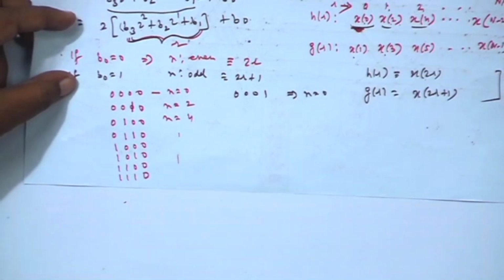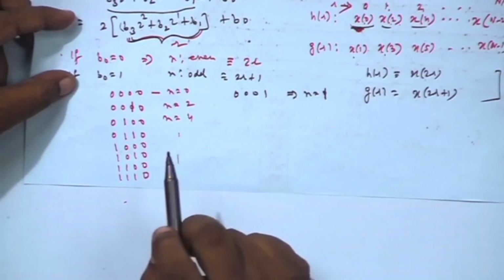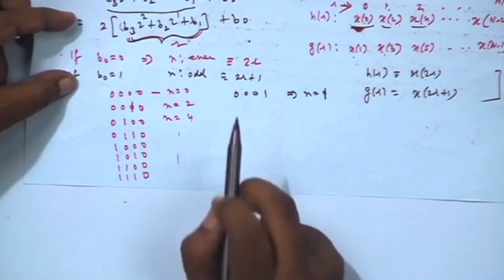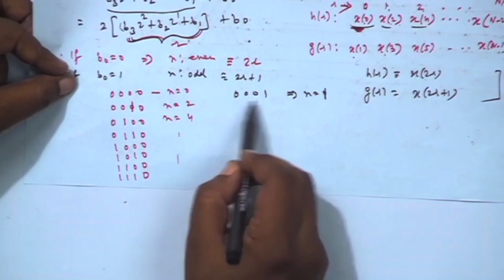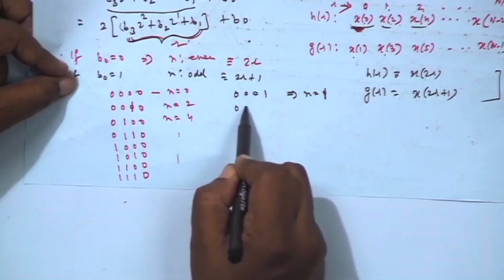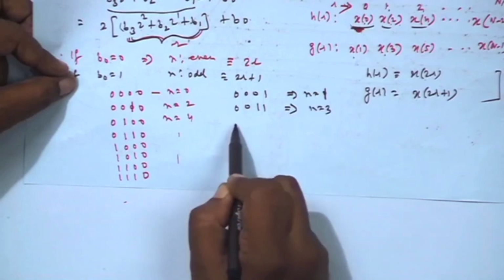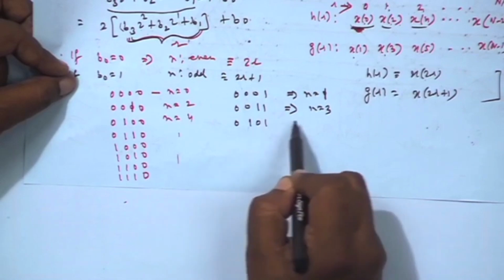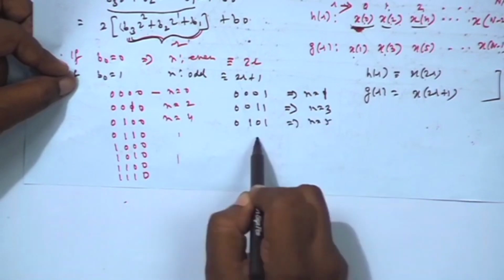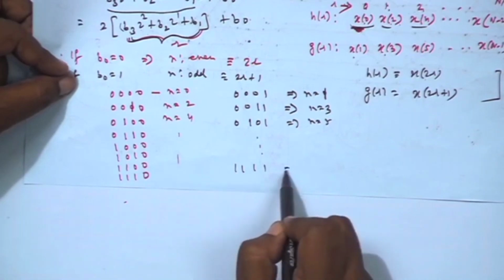Well, this corresponds to n equal to 1, r equal to 0. All right, n equal to 1, 0001, okay. Then 0011, n equal to 3, then 0101, n equal to 5, and so on up to 1111, okay, n equal to 15.